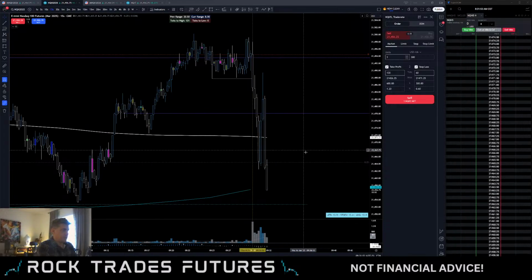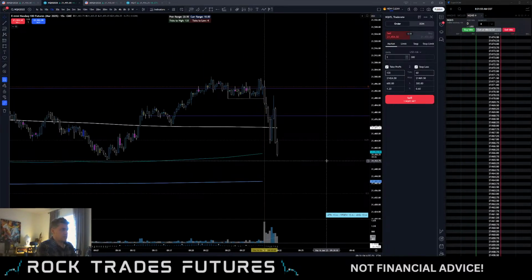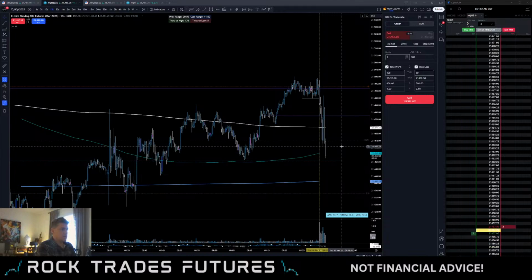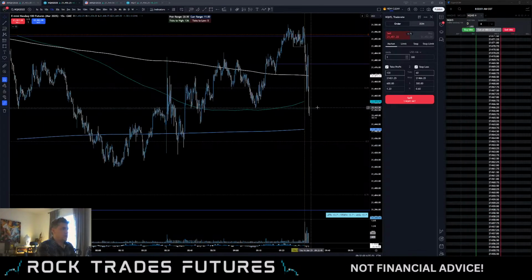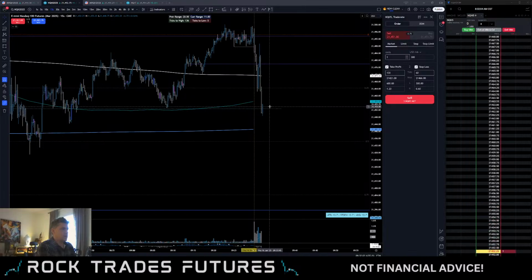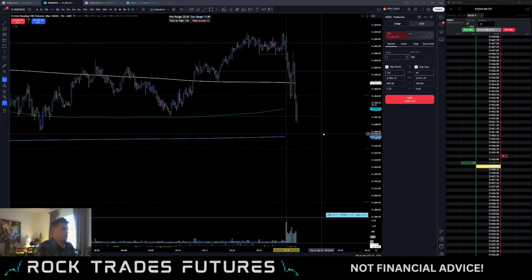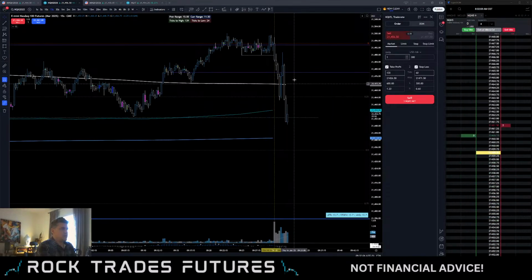And now we're slicing through the 20 like butter, kind of. Yesterday's high, right here. That's a fun long to play for a reaction, but no trigger, no trade.